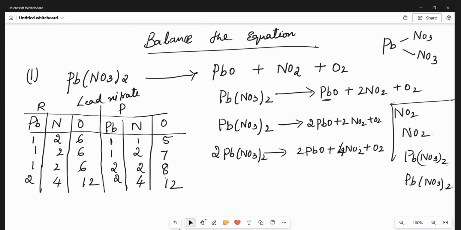Always remember, whenever an odd number is there, you cannot balance one even and one odd. You have to make the one which is odd as even, then you have to continue. Understood? Now write down. And when you increase, there will be imbalance again. See here, lead changed.